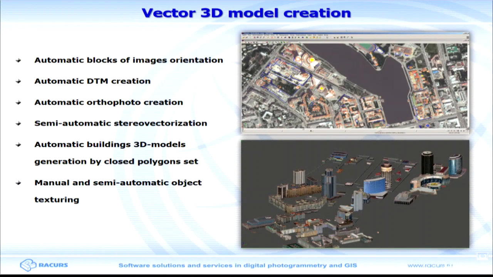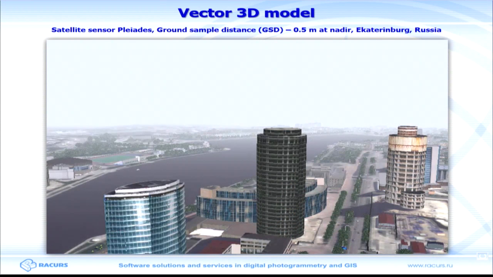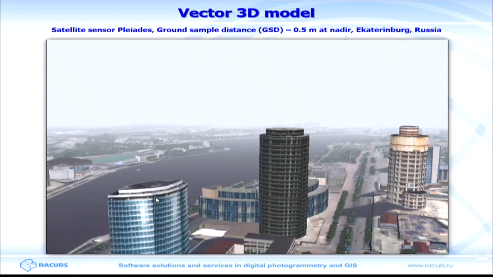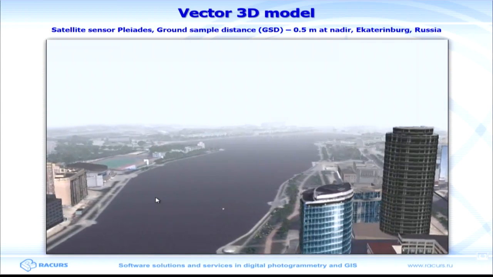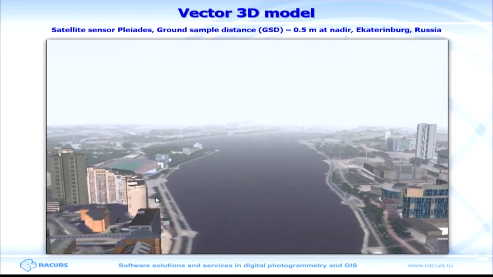To create a vector model, you need a standard set of photogrammetric operations, some of which are fully automated. For example, image orientation, aerial triangulation, creation of DSM, ortho photo, and some operations are automated, but manual interference is required occasionally.